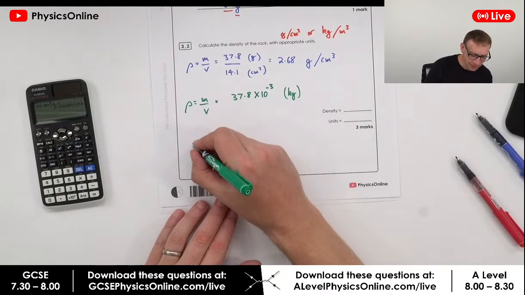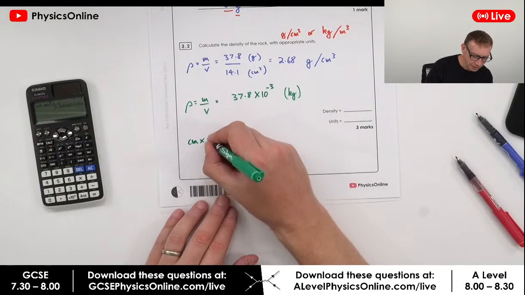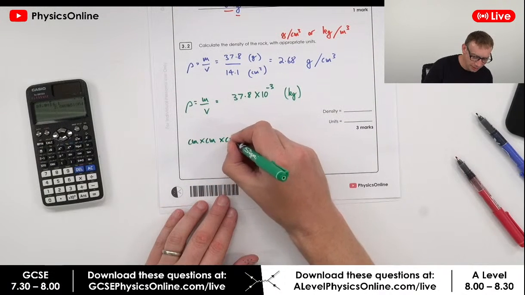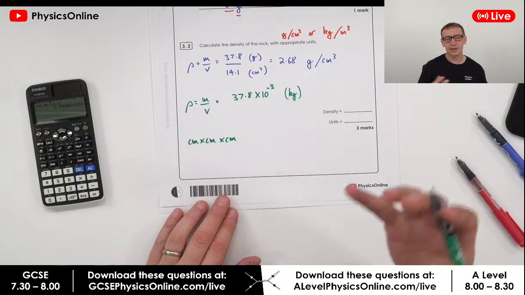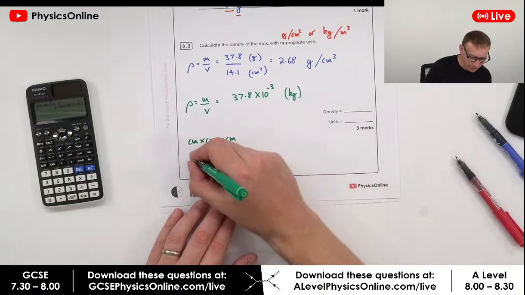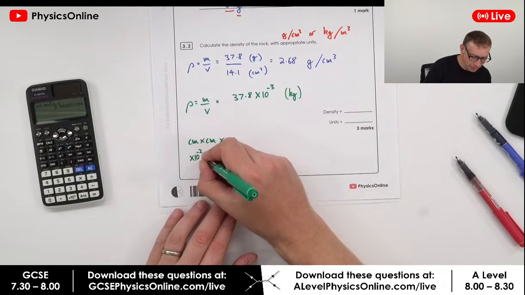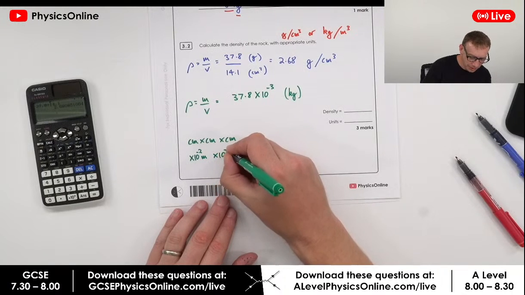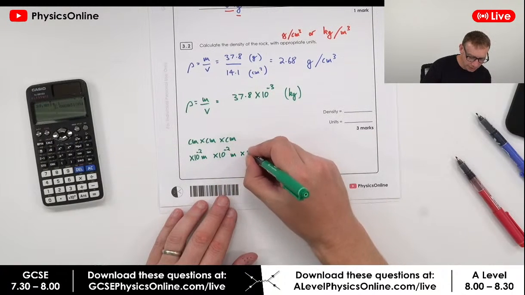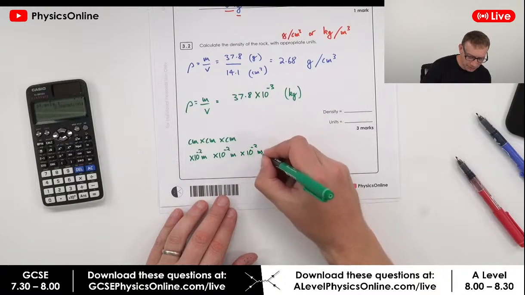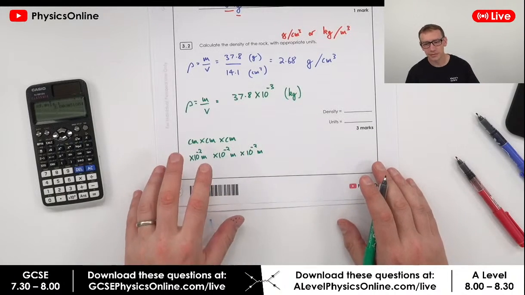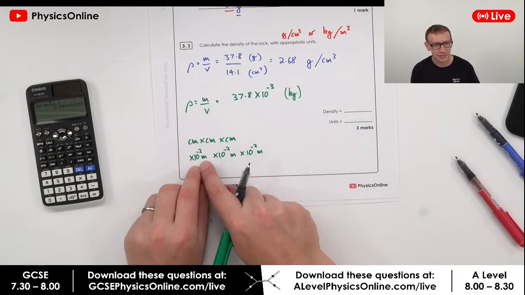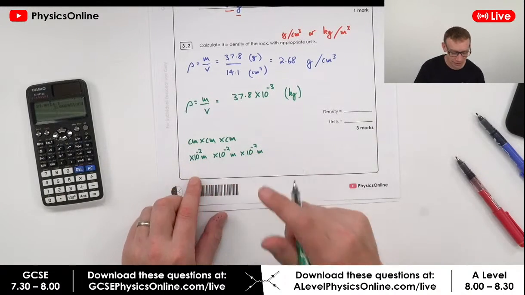Now, effectively, a centimetre cubed is a centimetre times a centimetre times a centimetre. Now, if we think about what that is in metres, that's basically 10 to the minus 2 metres times 10 to the minus 2 metres times 10 to the minus 2 metres. Now, of course, I'm sure a lot of you get this. We've got 10 to the minus 2 times 10 to the minus 2 times 10 to the minus 2.